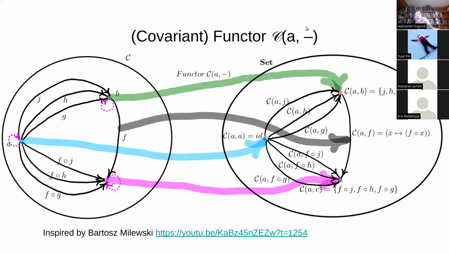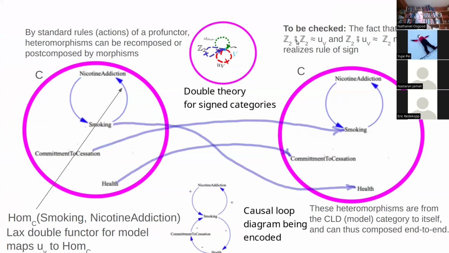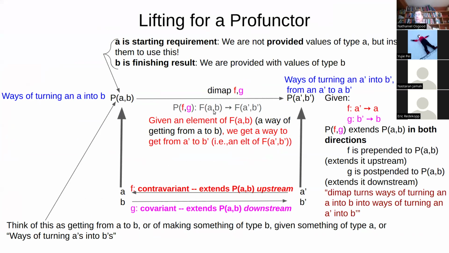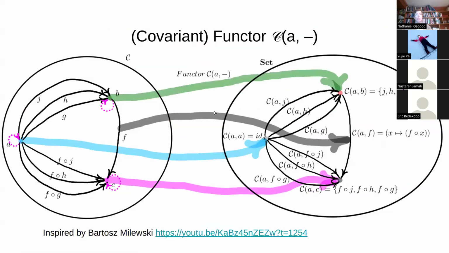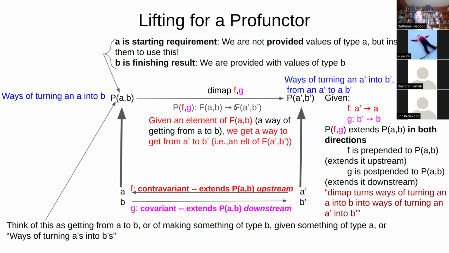And as a profunctor, it can lift any morphism here, say from B to C. If we have a hom set from A to B, and we have a function that goes from B to C, then it turns into a map of sets from C(A,B) to C(A,C).